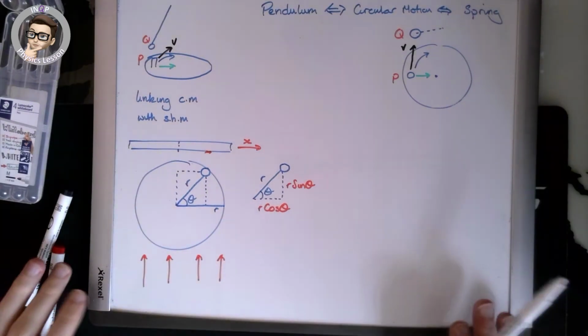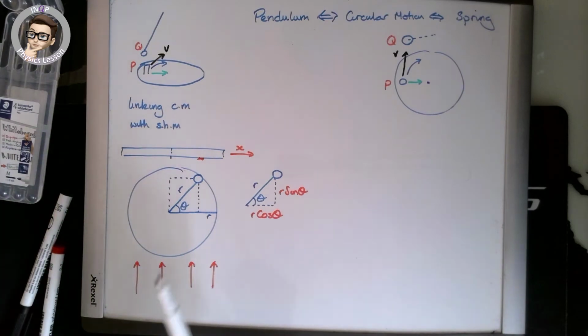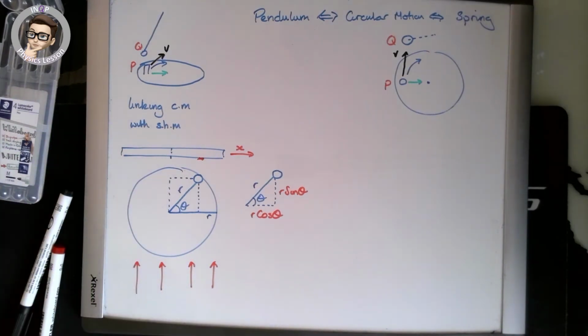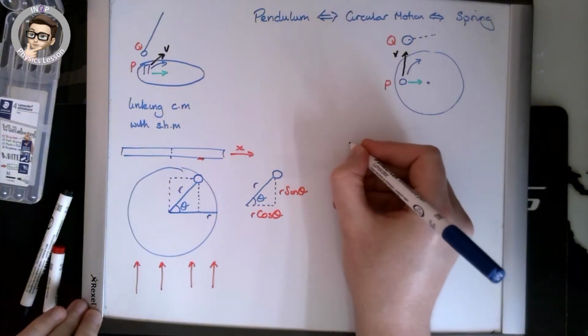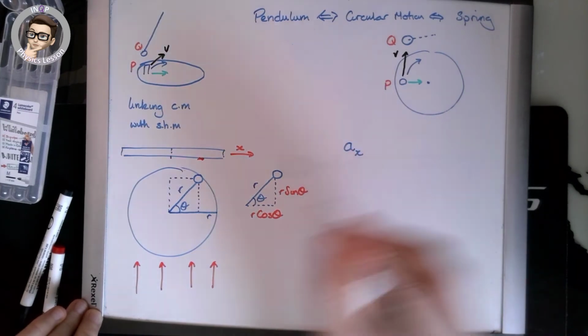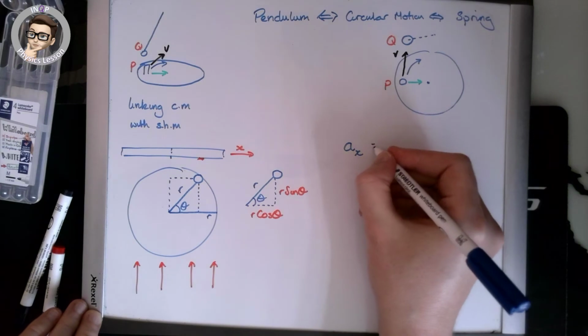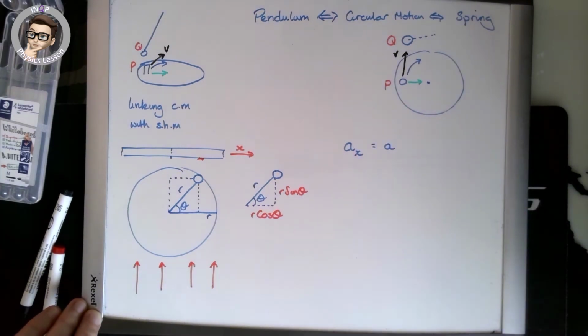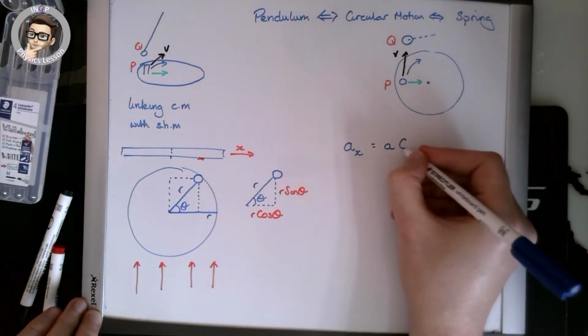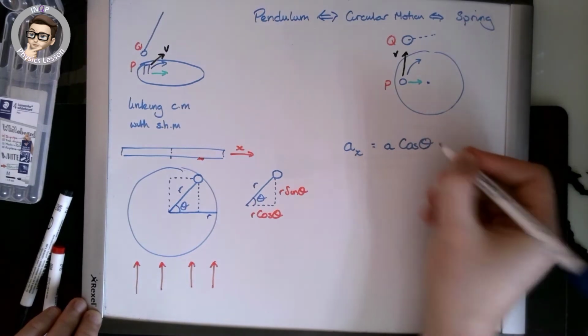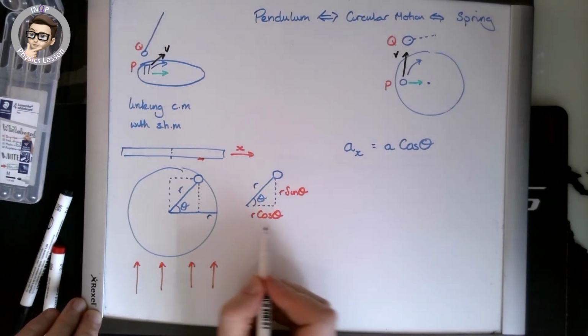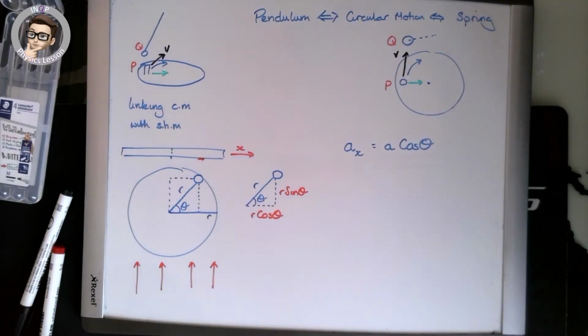Which also means we can define the acceleration relative to the x direction. So our acceleration in the x direction, so a subscript x, is going to be our acceleration multiplied by our cosine theta. It's going to be still in the same manner that we've got our displacement.